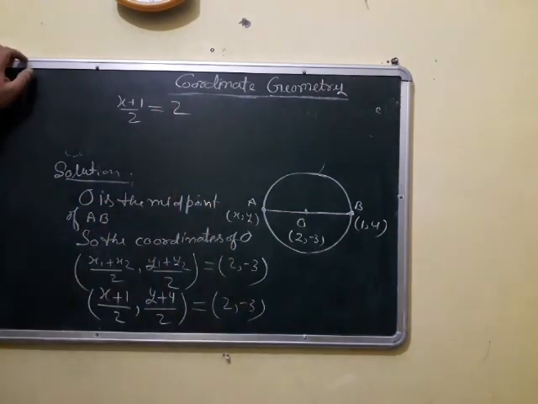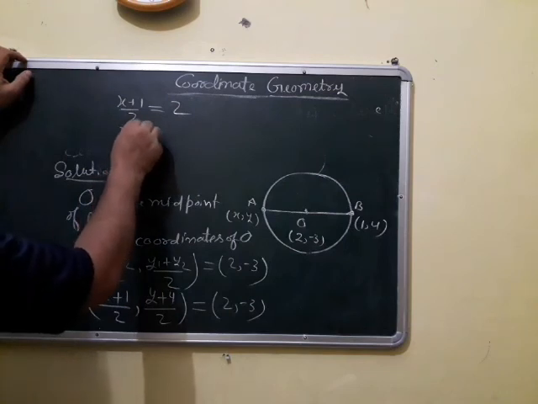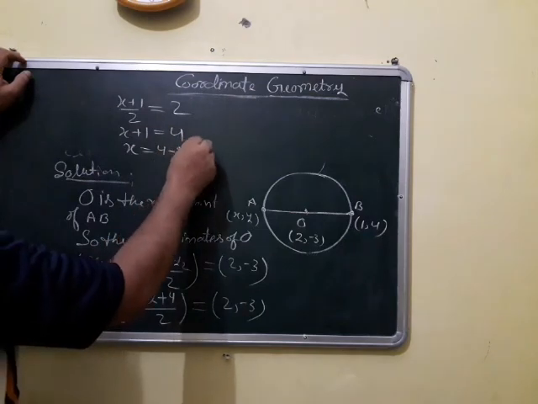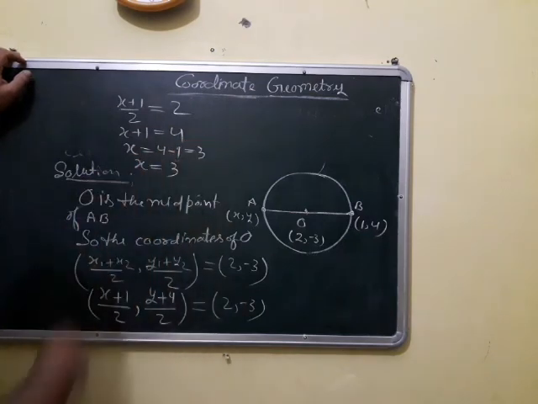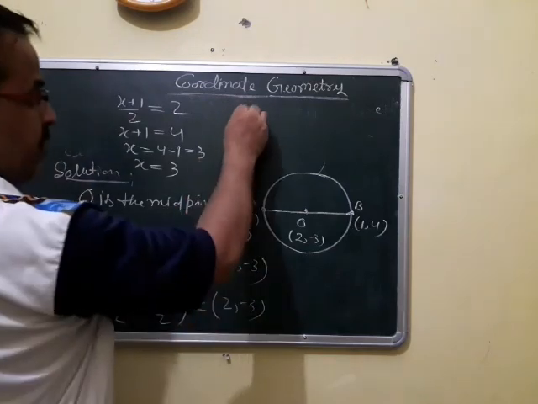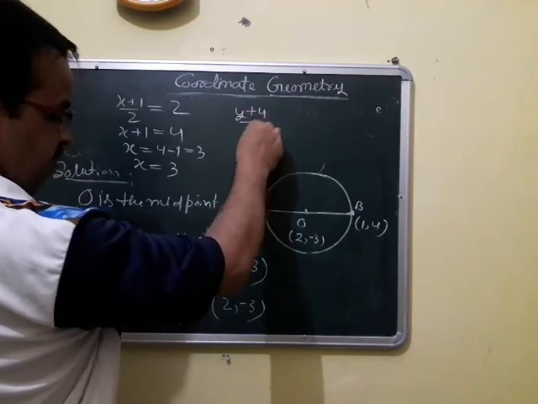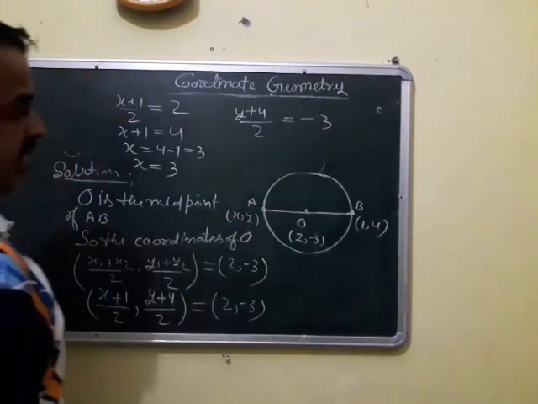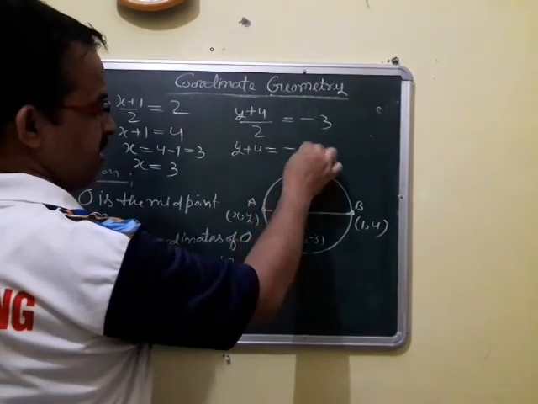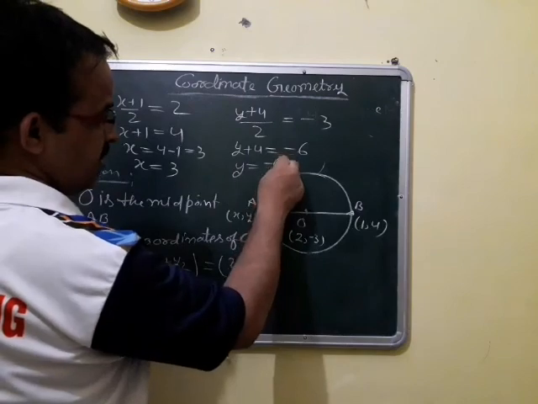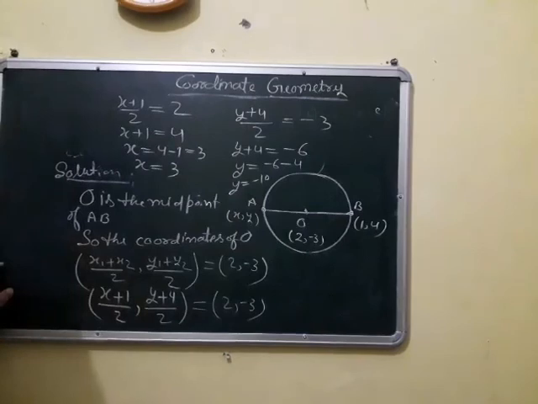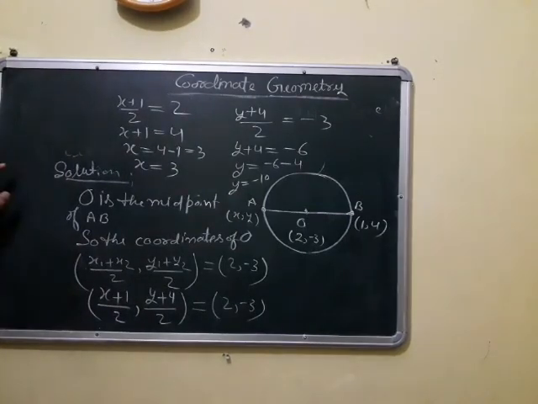Clear? So what do we get? Cross multiplication: x + 1 is equal to 4, so x is equal to 4 minus 1, which is 3. Similarly, (y + 4)/2 is equal to -3. Cross multiplication: y + 4 is equal to -6, so y is equal to -6 minus 4, which is -10.